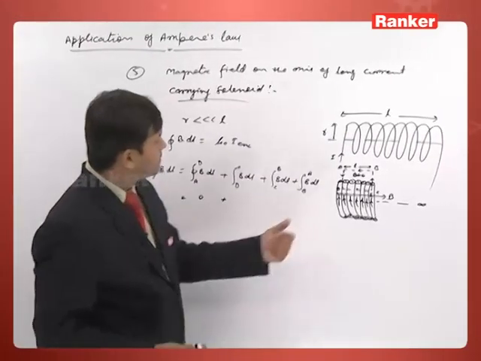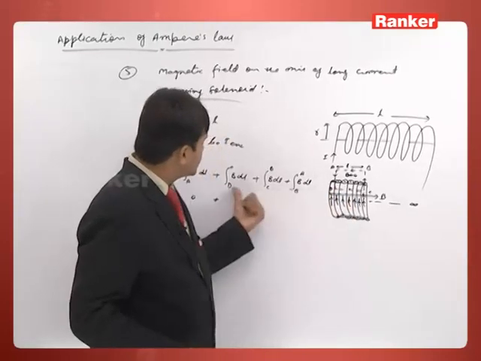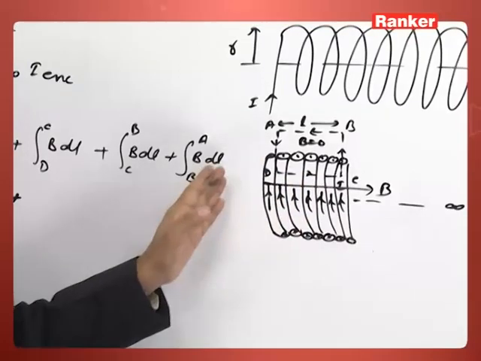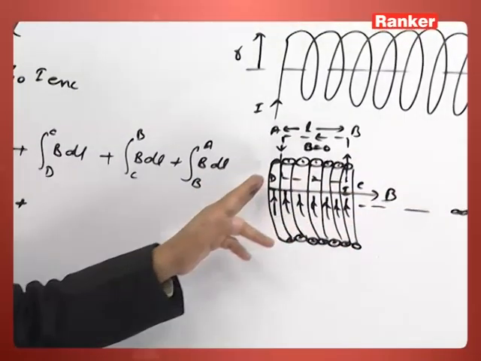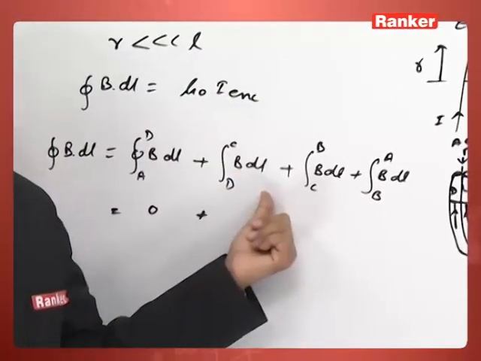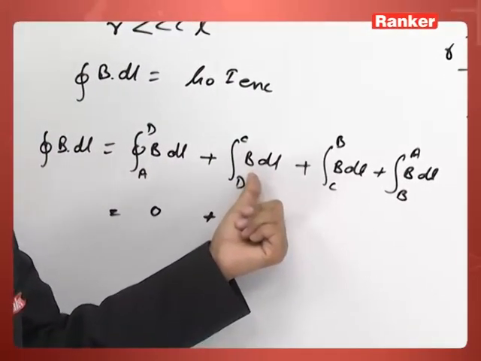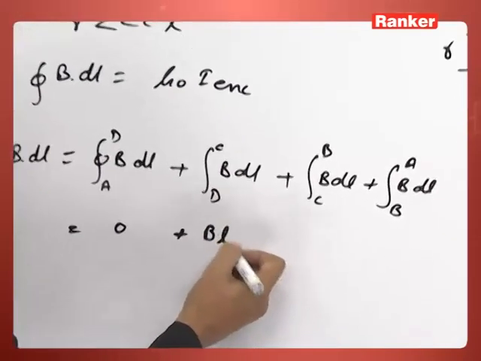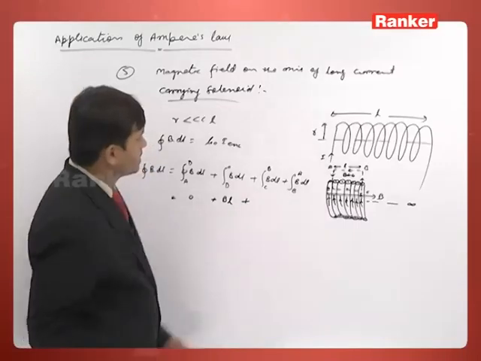When we are looking from D to C, our arrow direction is like this, and we are also moving D to C. So the angle between B and dl is 0, so cos 0 will be 1. So it becomes B into L plus.